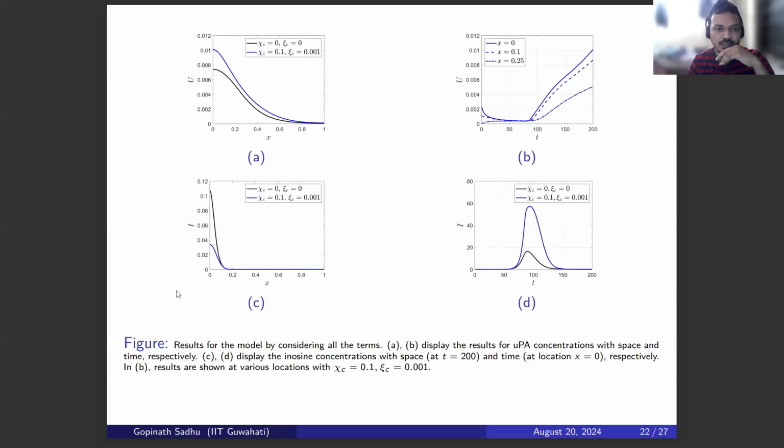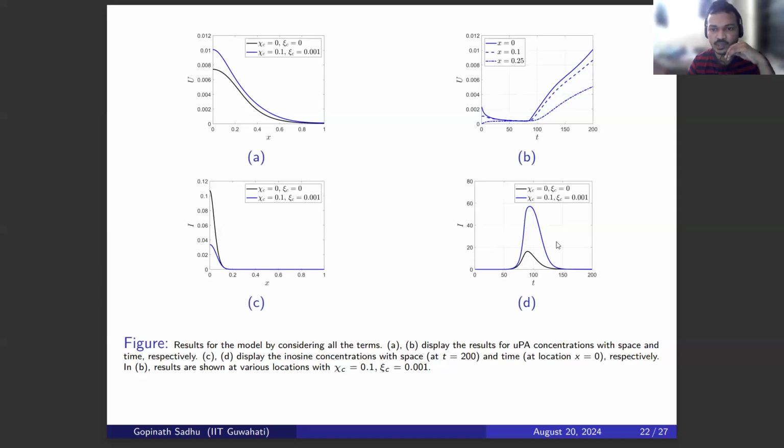And this is the figure where the uPA distribution, spatial and temporal, is given in A and B, and the inosine concentration is given in C and D. So you can see that when only diffusivity is there, inosine has a higher amount at the central part, and it is low when both chemotaxis and haptotaxis are considered.